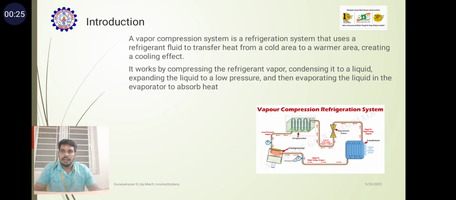Vapor compression systems are widely used for the refrigeration method. They rely on a refrigerant to move heat from a cooler area to a warmer one. The process begins with refrigerant vapor being compressed, which raises its pressure and temperature. This then flows through an expansion valve, causing a drop in pressure.